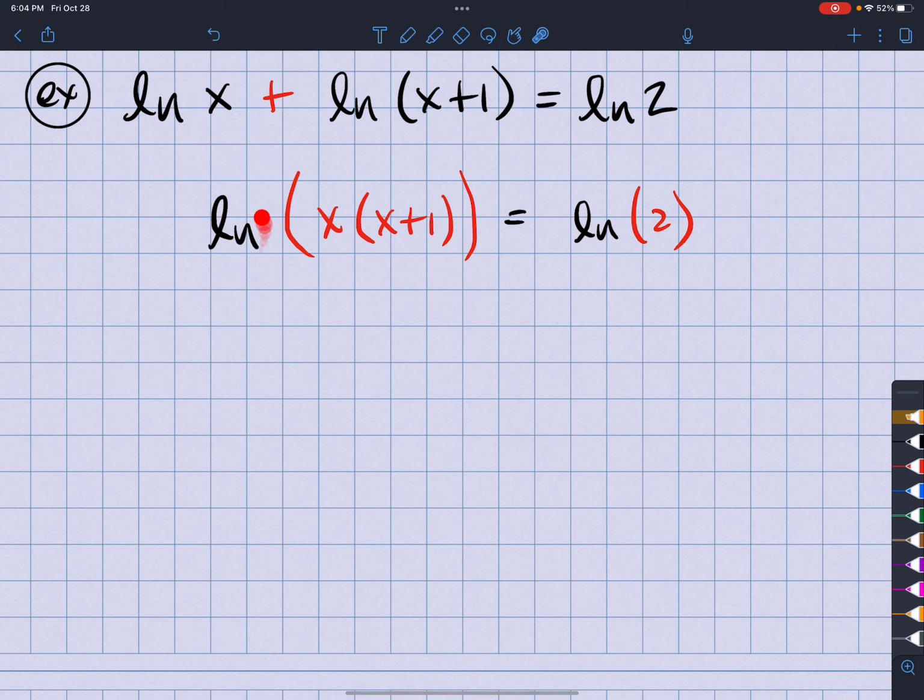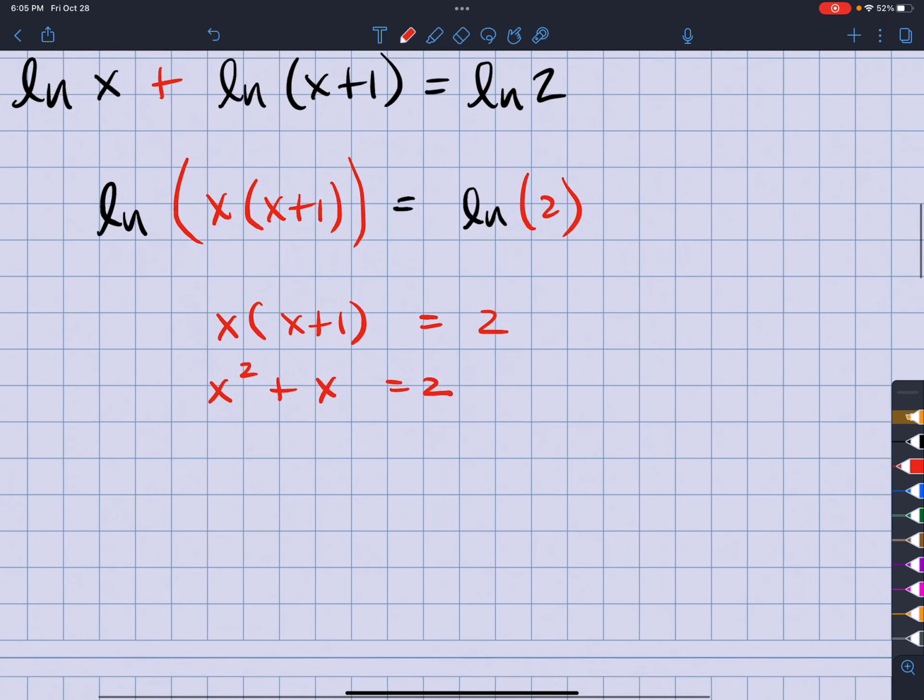Now that I have ln of something is equal to ln of something, these somethings must equal each other. With that being said, I have to FOIL this out. I mean, distribute this. So I get x squared plus x is equal to 2.